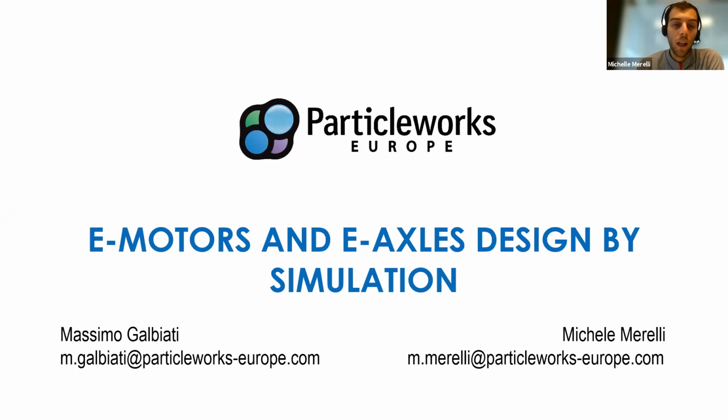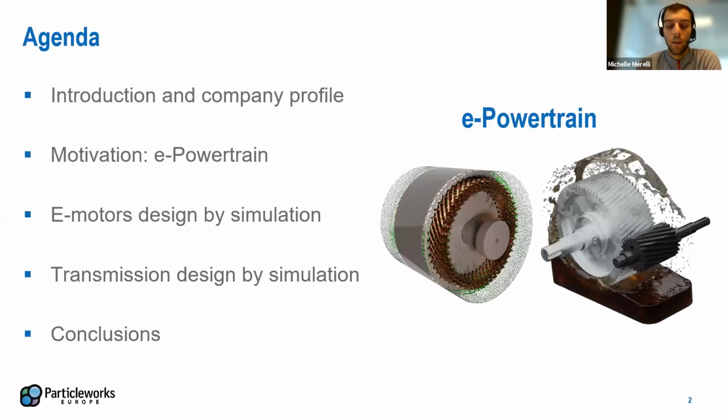We will see why we need simulation to tackle the new challenges due to the mobility transition that we need to have in the next years. So the agenda is shown here.